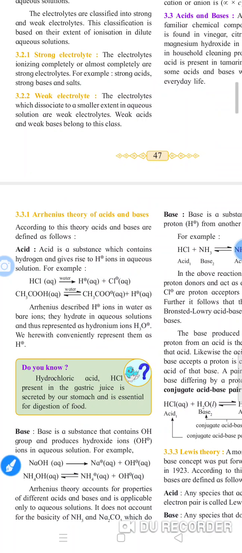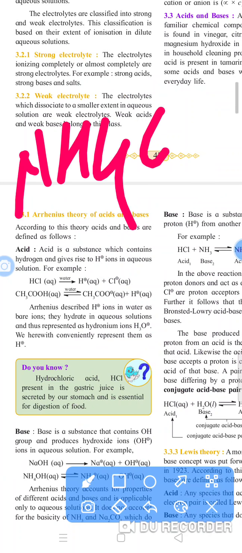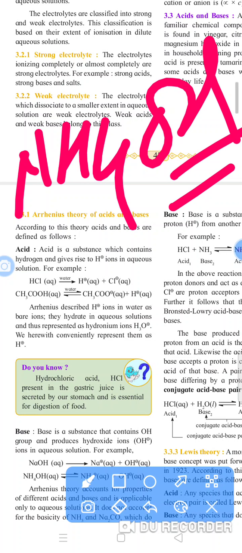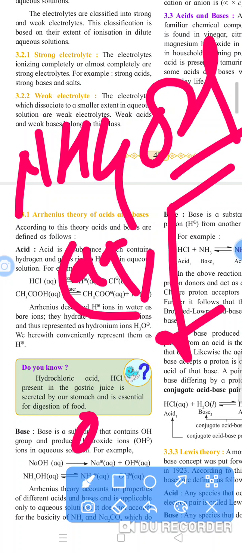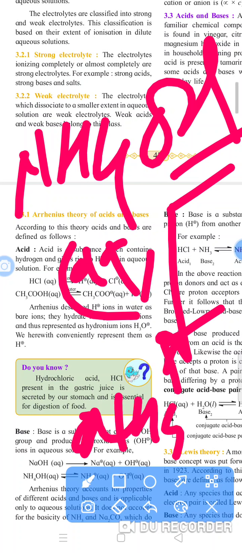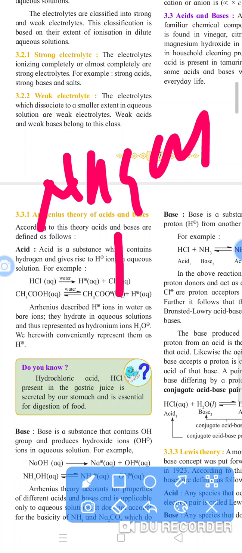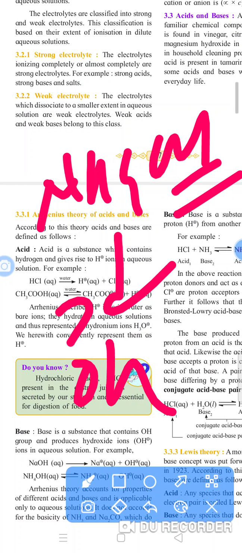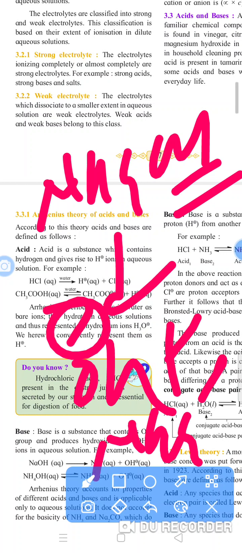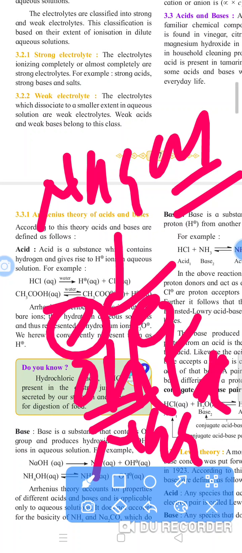Another example, NH4OH. This also contains an OH group, and on dissolving in water, in aqueous solution, it gives OH minus ions, and therefore it is called a base. NH4OH contains the OH group and gives OH minus ions plus NH4 plus, but we are majorly considering the OH minus ions, so the substance is called a base.